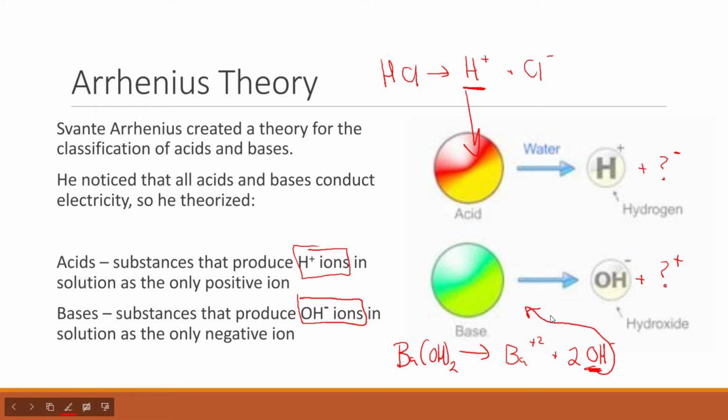So the fact that it's a Cl minus doesn't matter. This could be an F minus or an I minus. Whatever negative you have isn't really going to change the fact this is what makes it an acid. Same thing here. I could have a Ba plus 2, I could have a Ca plus 2, I could have an Na plus 1. It doesn't really matter what positive I have, it's the OH that makes it a base.